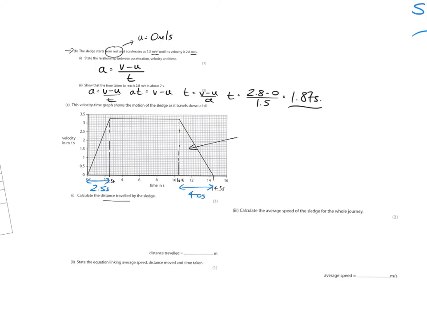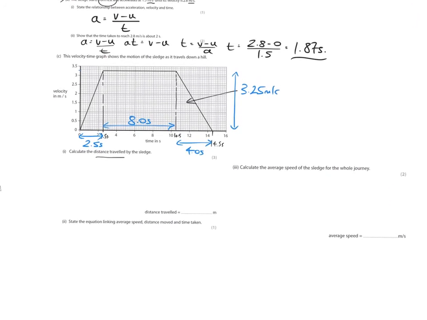We've got a rectangle in the middle, which extends between 2.5 and 10.5, so it's 8 seconds. And the height of the two triangles and the rectangle is 3.25 meters per second. So the overall distance travelled is going to be composed of 3 parts.